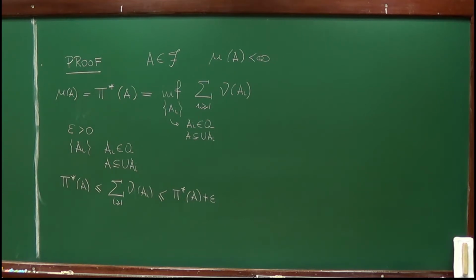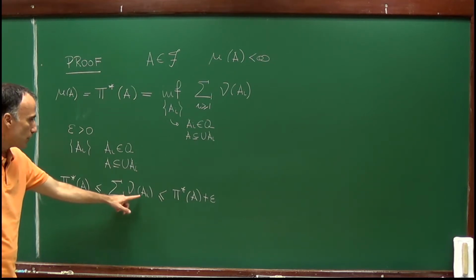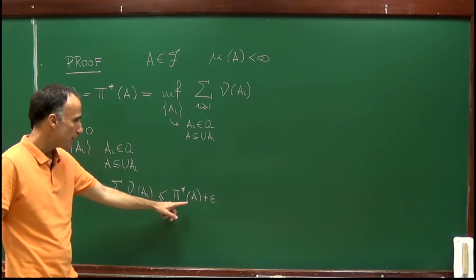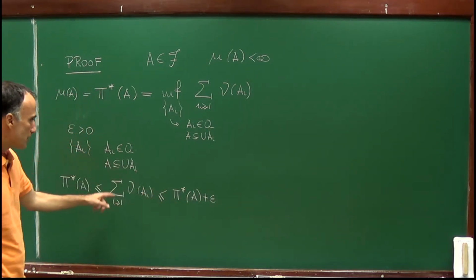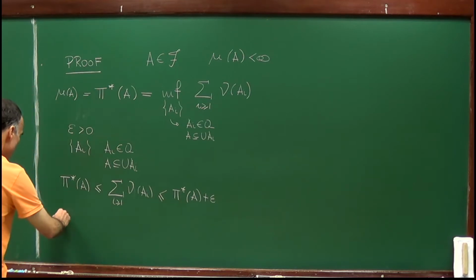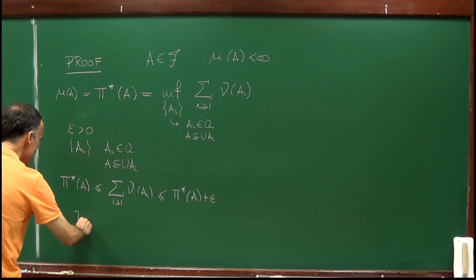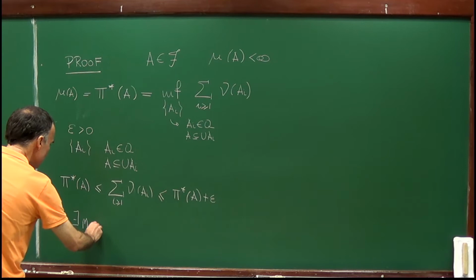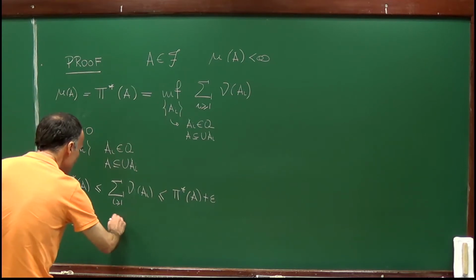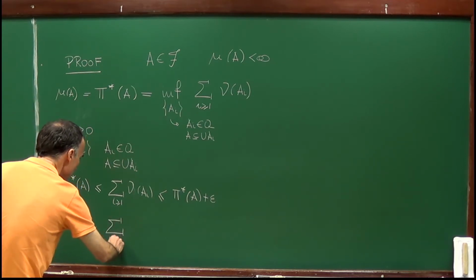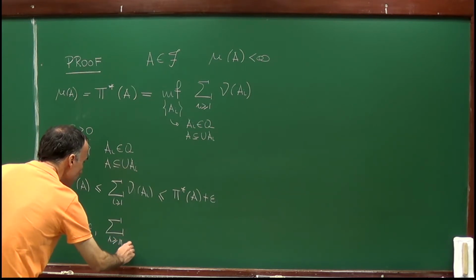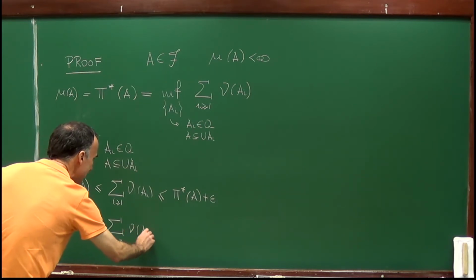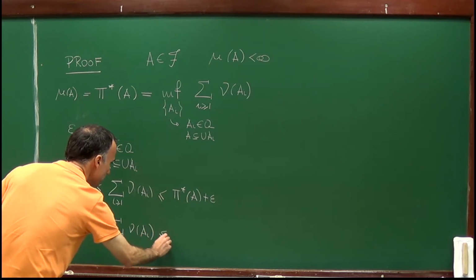Right, so now, since P star of A is finite, this sum is finite, therefore there exists n0 such that the sum for i greater or equal to n0 of nu of A_i is smaller than epsilon.